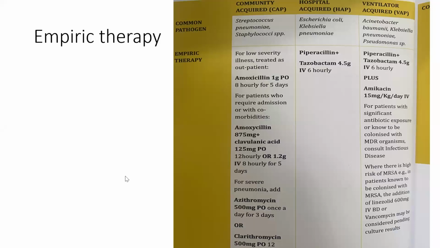Amoxicillin-clavulanic acid, tazobactam-piperacillin, even meropenem have good activity against anaerobes. The reason for adding metronidazole is to cover anaerobes, so there's no need in that setting. Where you'd need to add metronidazole is for an antibiotic without activity against anaerobes, like a cephalosporin. If you're using a carbapenem, you're covered. If you're using tazobactam-piperacillin, you're covered.